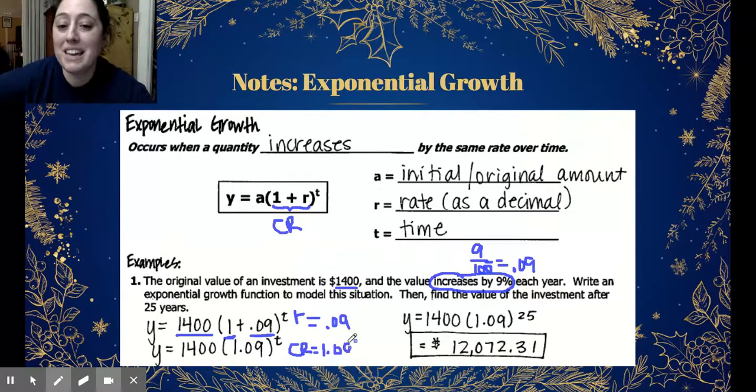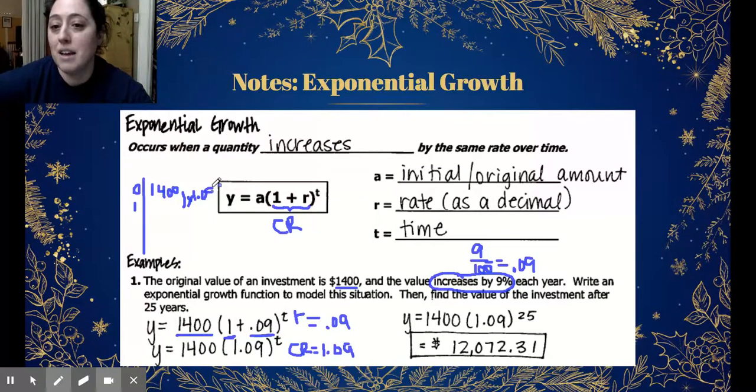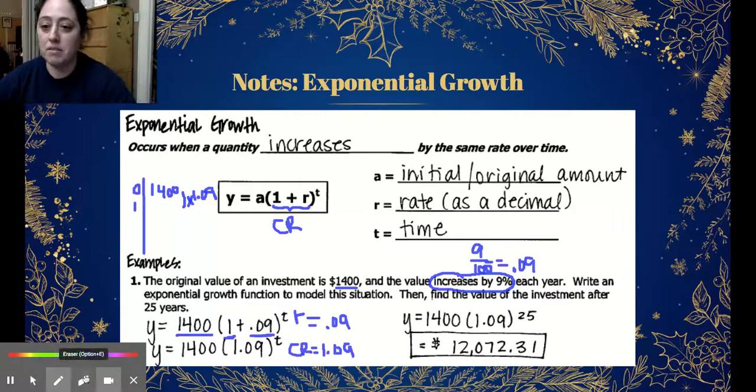If I were making a table, my initial amount that I put in the bank is 1,400 bucks. To find out after 1 year, I would do 1,400 times 1.09, and I would keep building my table out like that. That is all I want to say on that example.